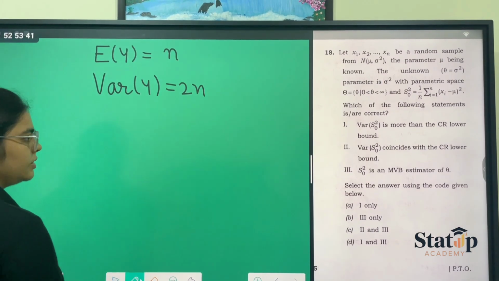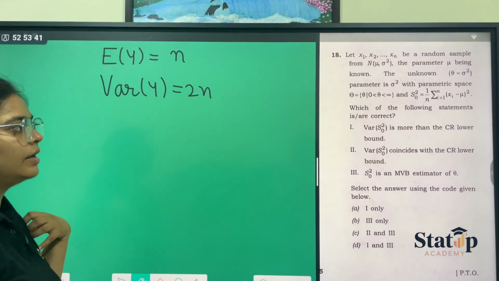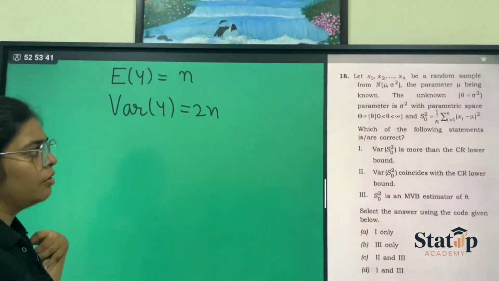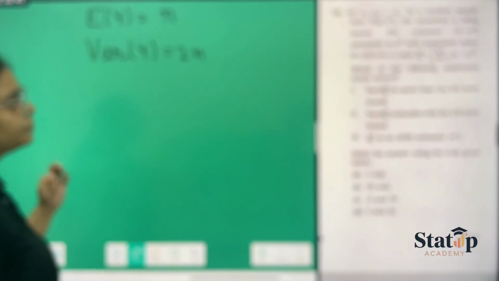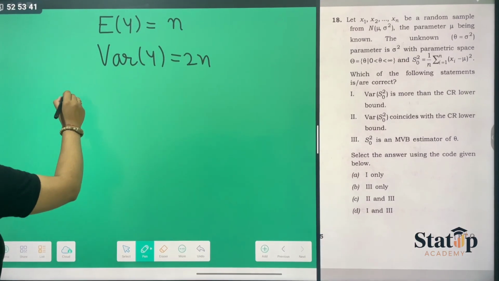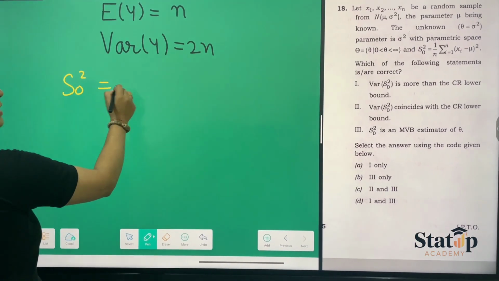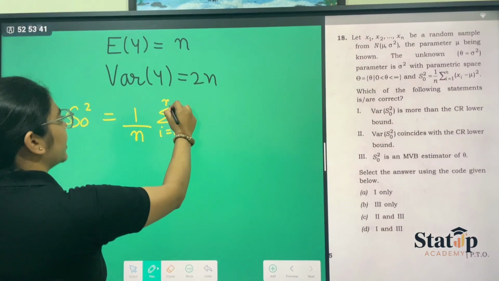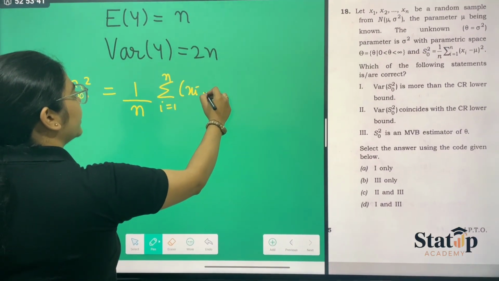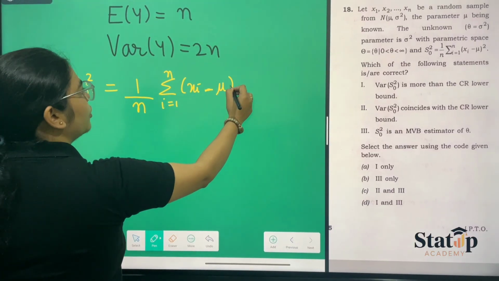Now moving towards what they have asked in the question. First of all, they have given us s naught square equals 1 upon n summation i goes from 1 to n (xi minus mu) whole square.